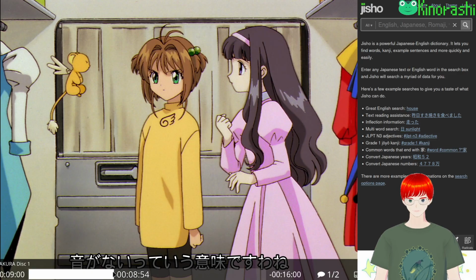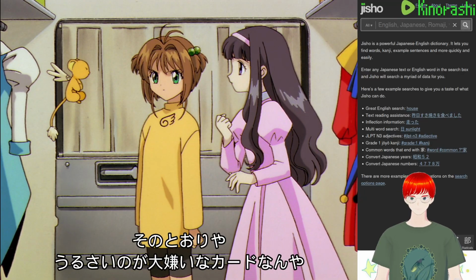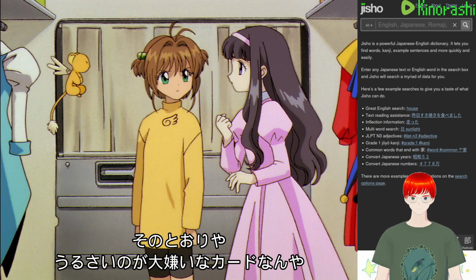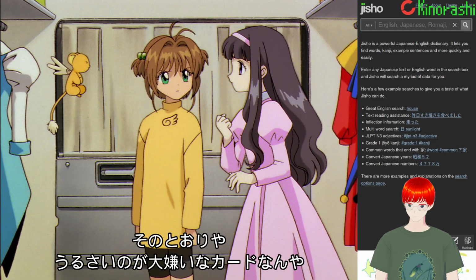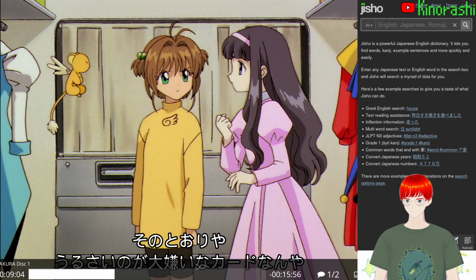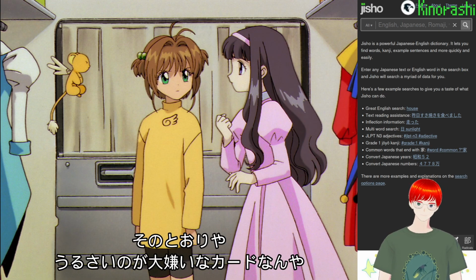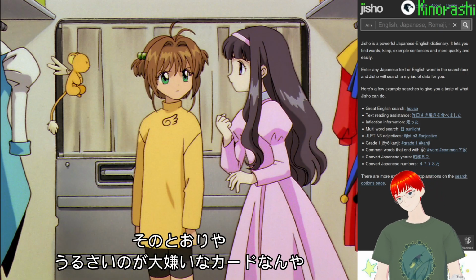or silence, essentially. サイレント、音がないっていう意味ですわね。その通りや。うるさいのが大嫌いなカードなんや。I believe that's 嫌い, 大嫌い. So very much dislikes. Very much dislike card. So in other words, noisiness.